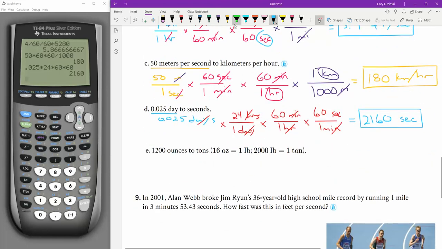One more of these. Ounces to tons. So let's start with what we're converting. 1,200 ounces. 16 ounces in a pound. That's going to help me. And then 2,000 pounds in a ton.